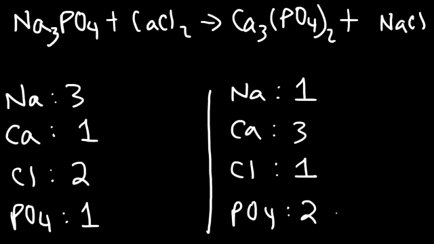So which one should we balance first? Typically, I like to start with the polyatomic ions, the ones with the highest charge. Sodium has a +1 charge. It's found in group 1 of the periodic table. Calcium has a +2 charge, or sometimes written as a 2+ charge.